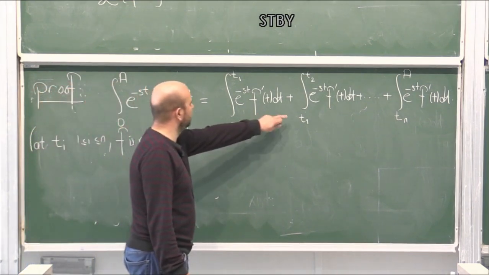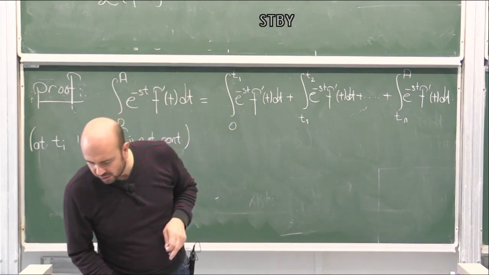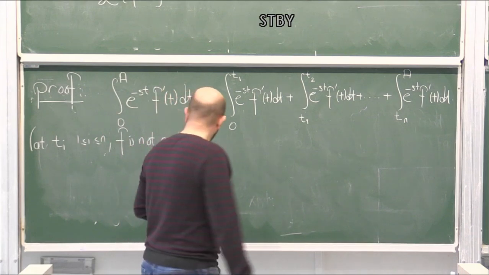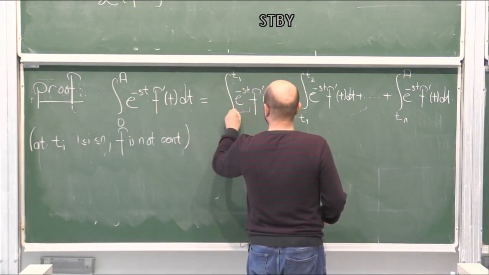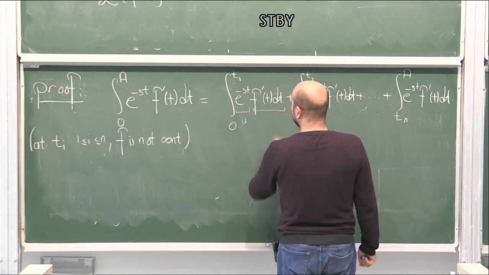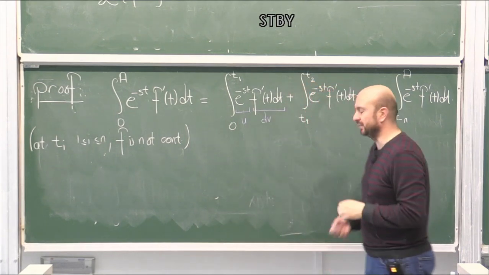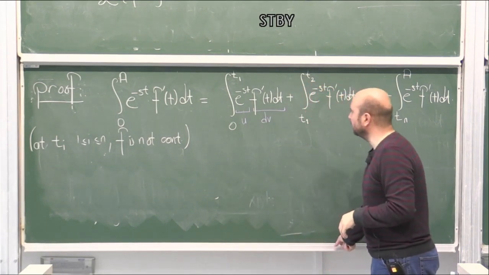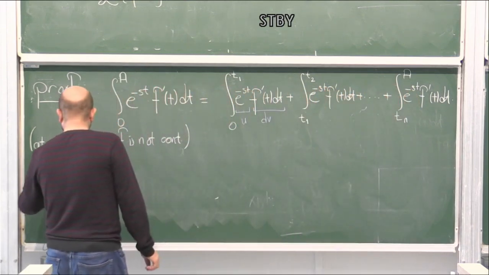Now how can we compute this? Of course, this is a product, so we can use integration by parts again. This time I will choose this as my u and this as my dv, because I can automatically find v, which is going to be f. So we are going to get the following.